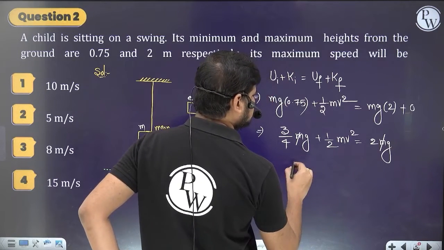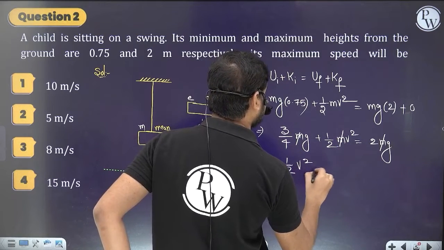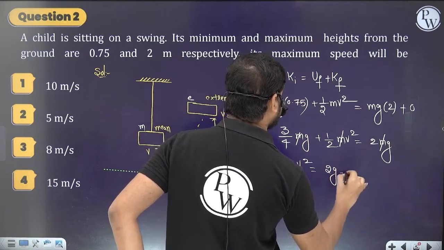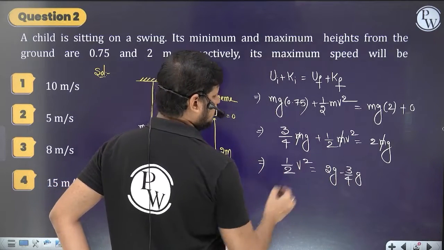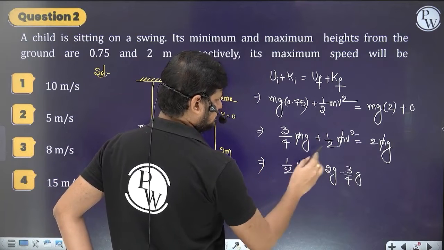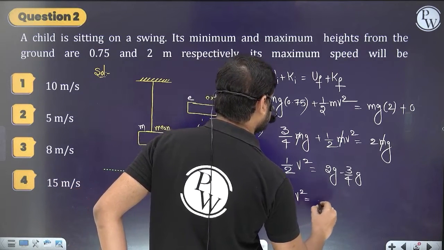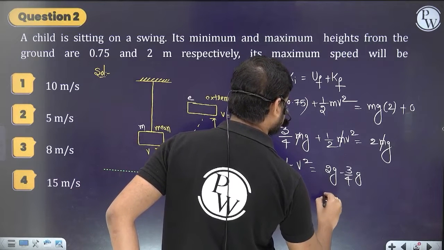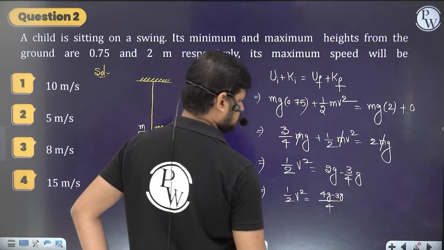So send this to that side. We have half v square is equal to 2g minus 3/4g. Yes or no? So 2g minus 3/4g. Then half v square is equal to, here 4 is the LCM, so 4g minus g.